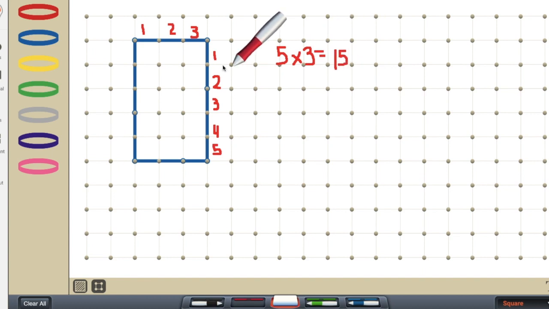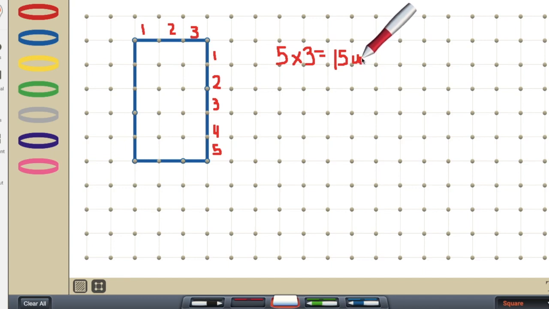So there are 15 squares inside of the perimeter of this rectangle. Or another way of saying that is there are 15 square units inside this rectangle. So the area of this rectangle is 15 unit squares, or square units.